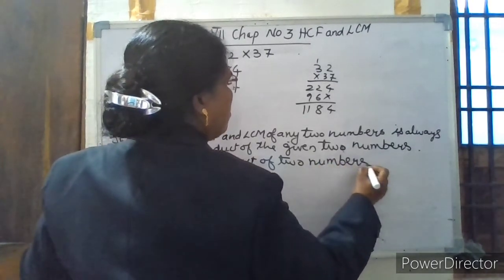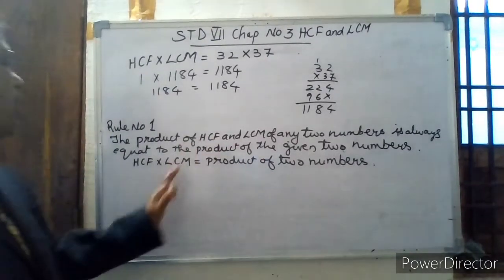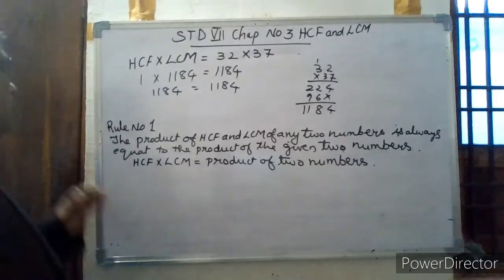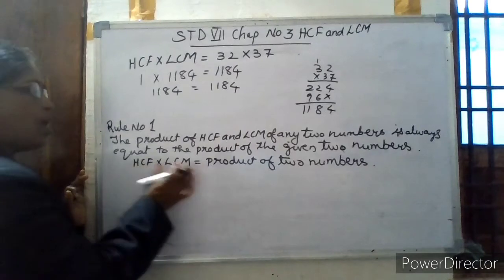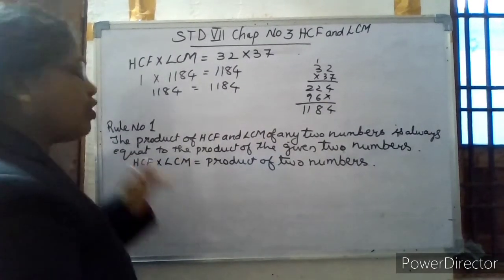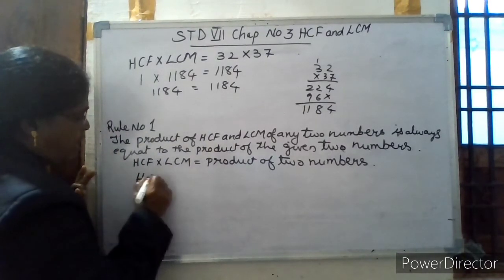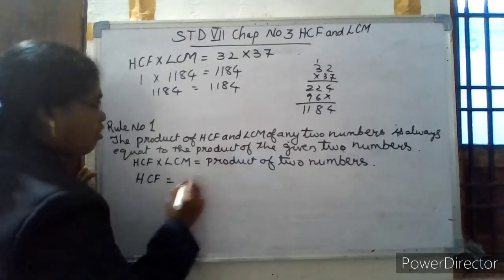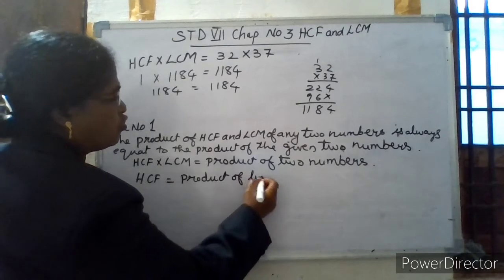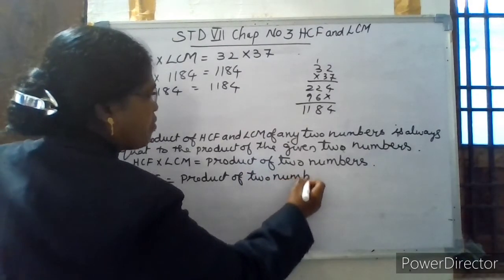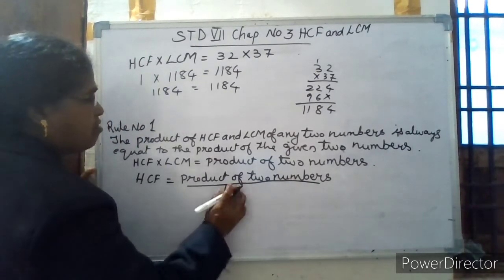Now from this rule again I can find formulas. Suppose that the product of two numbers is given, and LCM is given. You have to find out HCF. The question is given in this way. Then HCF is equal to the product of two numbers divided by LCM.